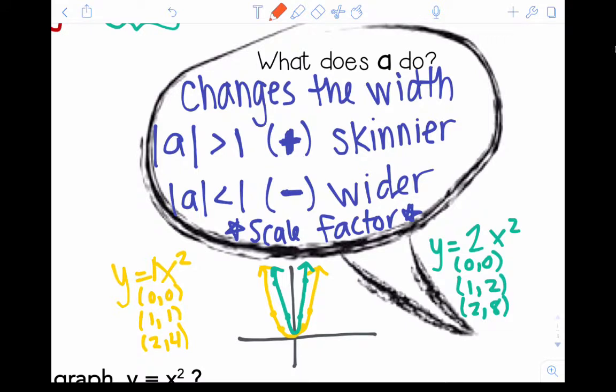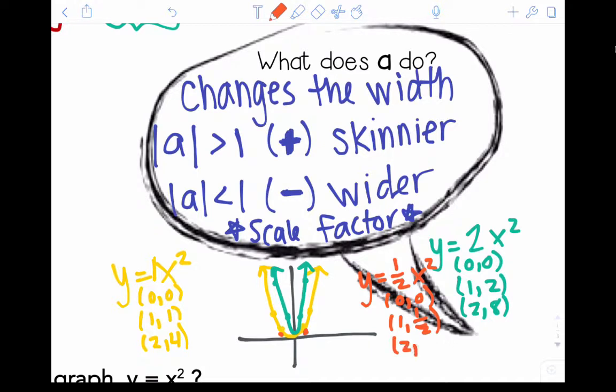If I were to look at y equals 1/2 x squared, my vertex is still 0, 0. If I plug in 1 for x, I get 1/2 for y. So that point's going to be down over here.